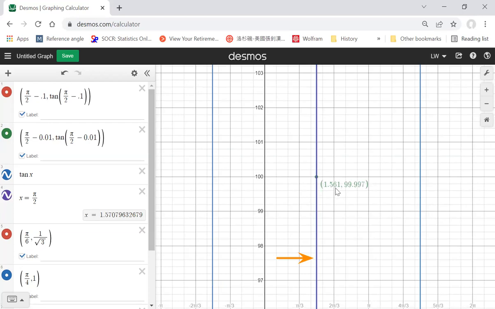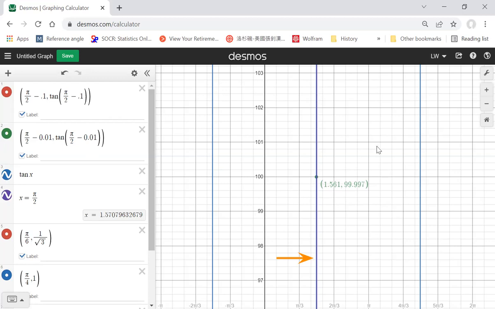Okay, so you can see the input is not pi over 2, it is smaller than pi over 2 by 0.01, and the ratio is 99.997. If we used a number like 1,000, it would take a long time for us to even see that point.